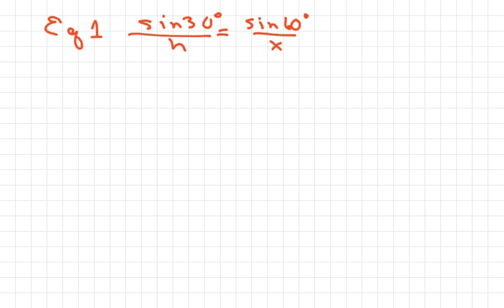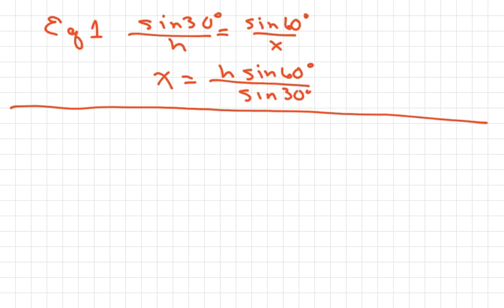For equation 1, we have sine of 30 over h equals sine of 60 over x, and you cross multiply and you get x equals h times sine of 60 over sine of 30. Alright, so that's that one.